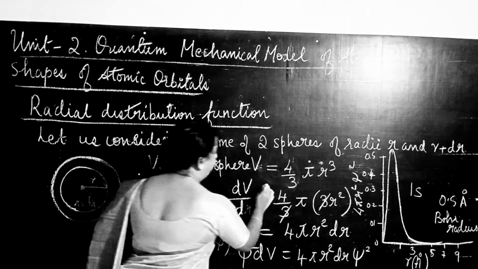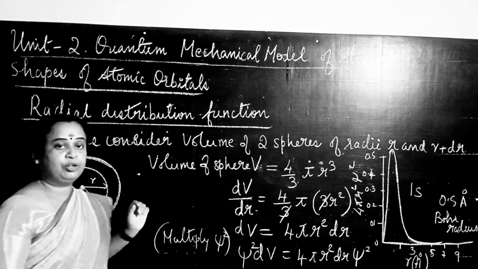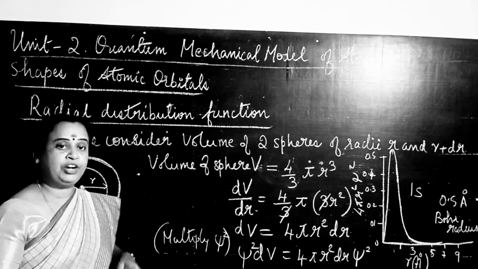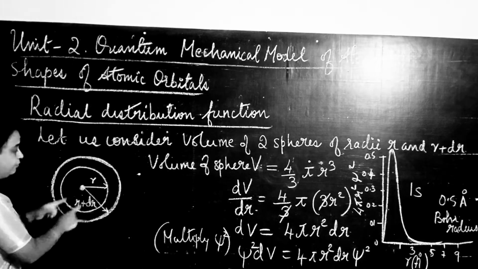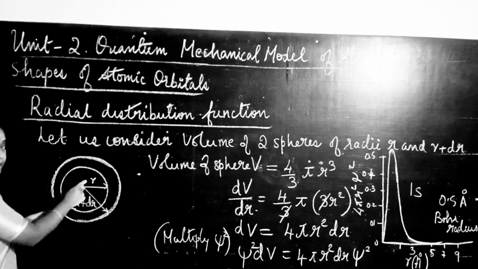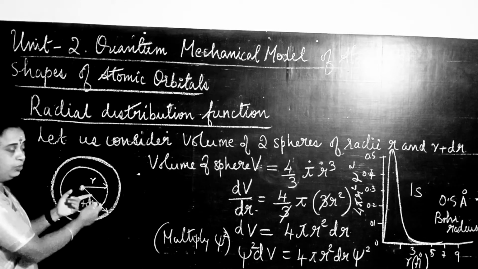Now this formula V is equal to 4 by 3 pi r cube is the volume. We are differentiating this volume with respect to the radius r.